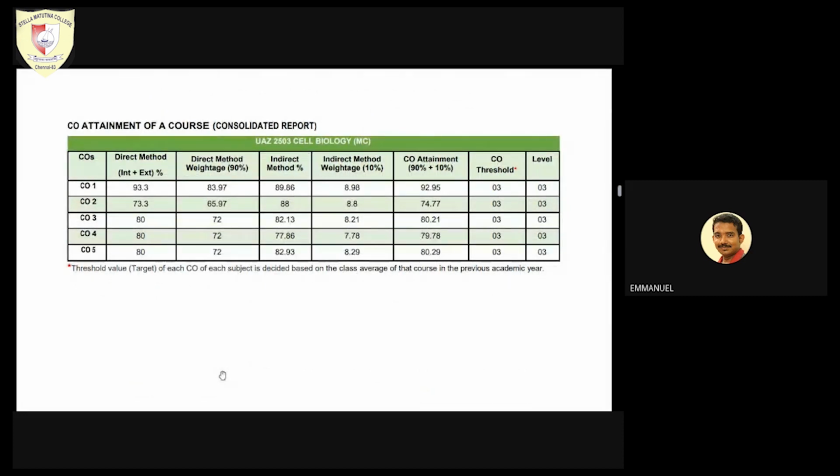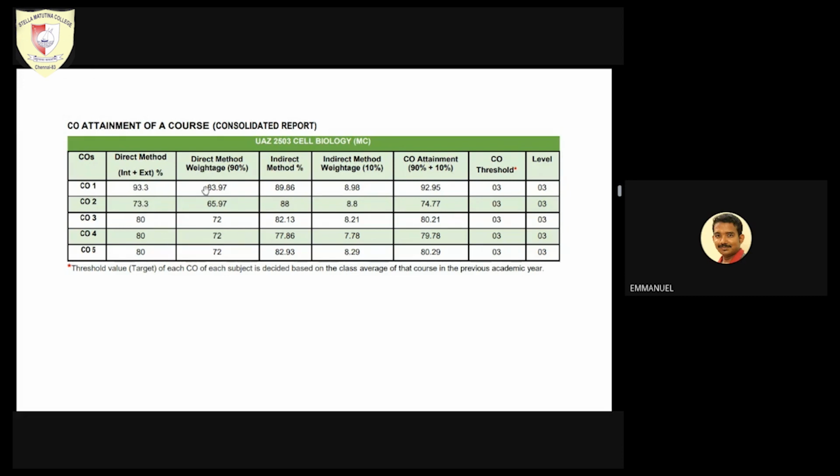So a consolidated report would be given. They had given a suggestive template like this for a particular course. For a particular course, cell biology, under CO level, CO1 to CO5, internal method, direct method. Out of 200 marks, that particular 90 percentage they have taken, that is the direct method.